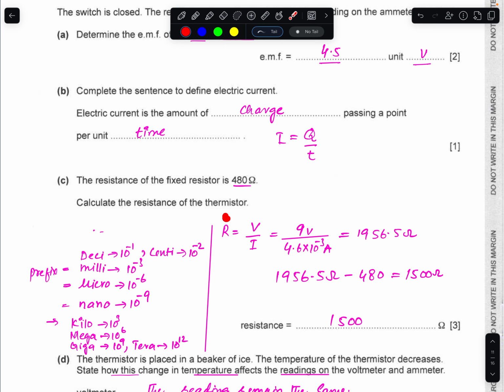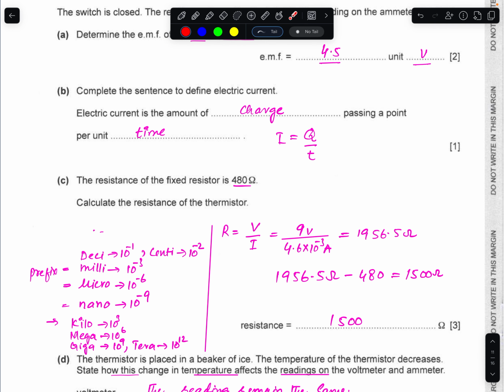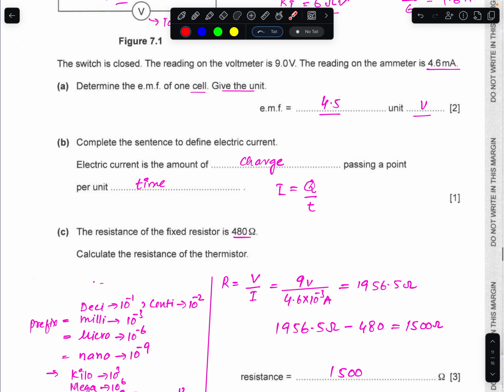The total resistance can be calculated by this equation, V equals IR. If we rearrange this equation for R, we get R equals V by I. This voltage is the total voltage, and this is the total current. The ammeter is showing the total current and the voltmeter is showing the total voltage. The current over here is 4.6 milliamps.